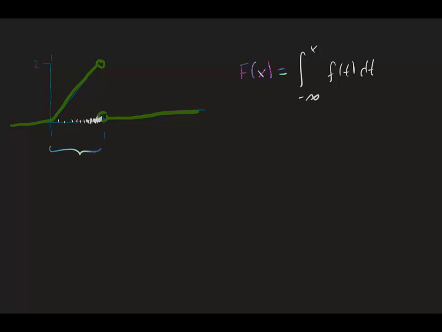As we just saw, big F of x is the area under the curve from negative infinity to x of my probability density function. In this case, that's the same as the area from 0 to x, because there's no area to the left of 0. So if I'm in this interesting middle bit between 0 and 1, and I want to know the area under the curve from negative infinity up to x, well, it's a big old 0 plus this triangle.